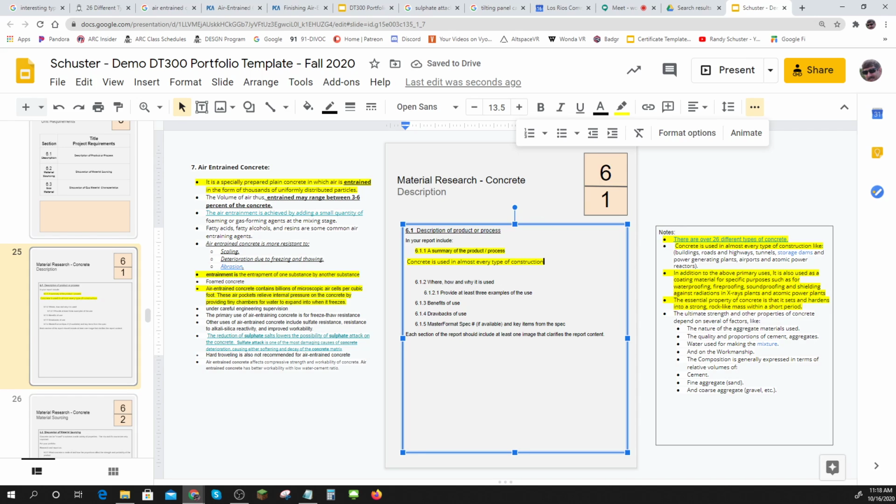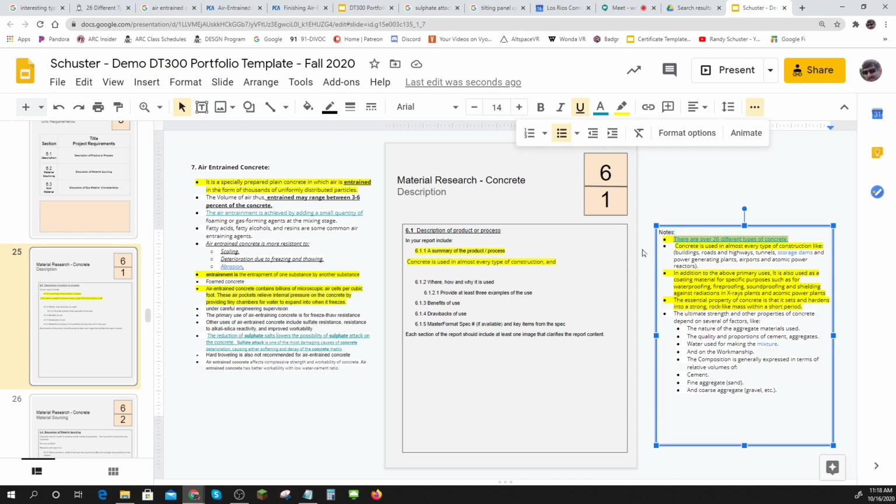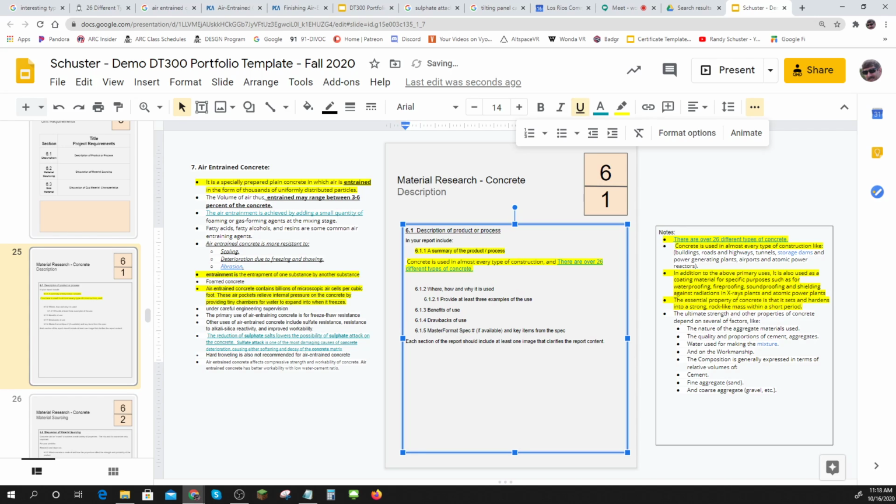Almost every type of construction. And there are over 26 types of concrete that can be used for specific purposes.